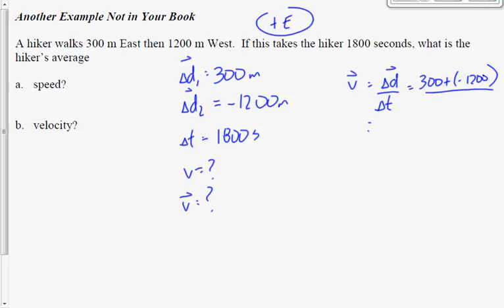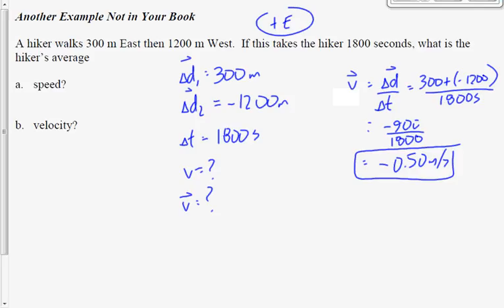It just is in this case because one of them is a negative. 300 plus negative 1,200 divided by 1,800 seconds gives us negative 900 over 1,800, which is negative 0.50 meters per second. What does a negative mean? West. Yeah, it's west, right? You could say negative 0.5, or you could say positive 0.50 meters per second to the west. Either answer is good.